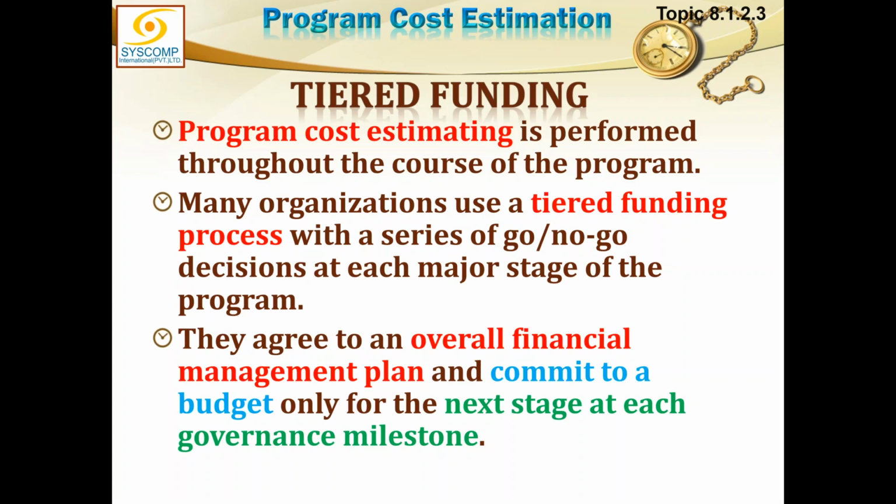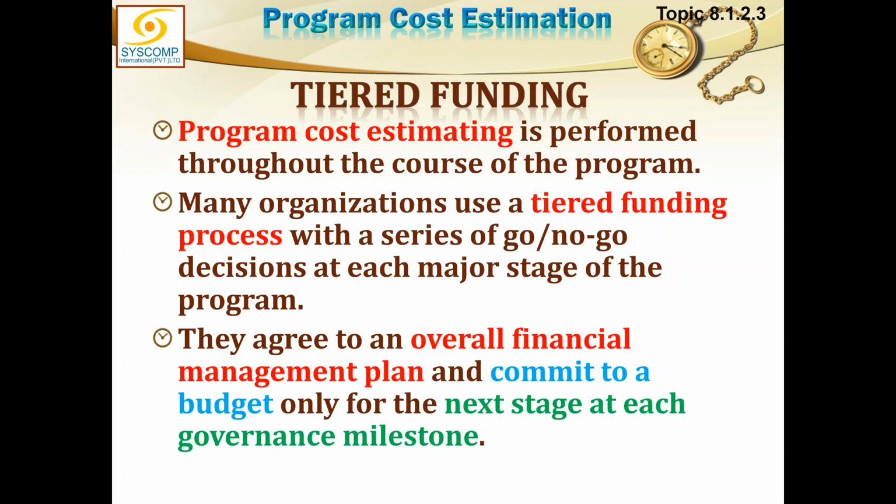So, there are go no go points, and it's a tiered funding kind of mechanism in which we say, okay, for the first year of the program, this much is the funding allocated, and by the end of that one year, we will decide the funding for the next phase, next period. So this will go in series.